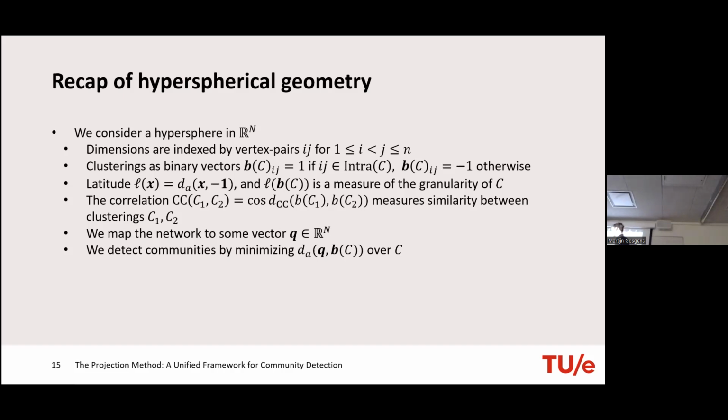We have this latitude, which is the angular distance to the -1 pole, and then we have the correlation coefficient, which is the Pearson correlation between these vectors, which has this nice geometric interpretation. And then the way that you can detect communities is by taking your graph and mapping it to this hypersphere, and then seeing which of the clustering vectors lies closest to this vector.